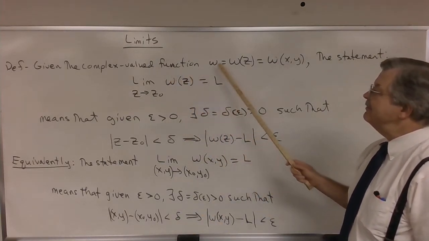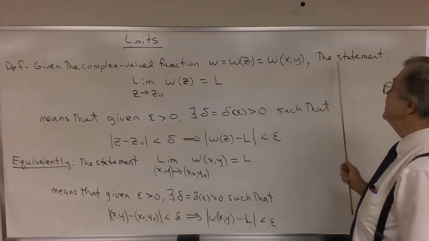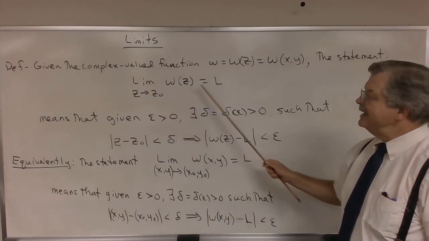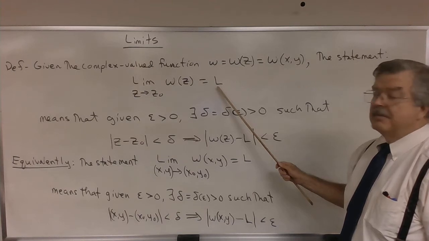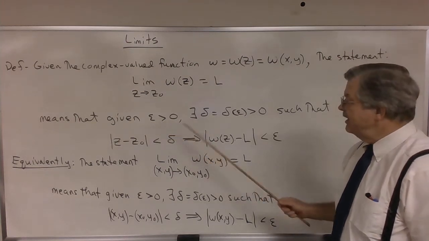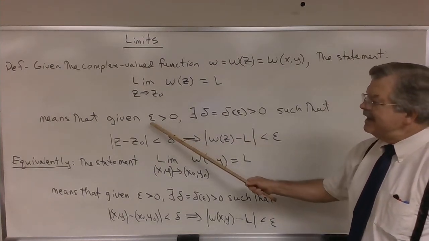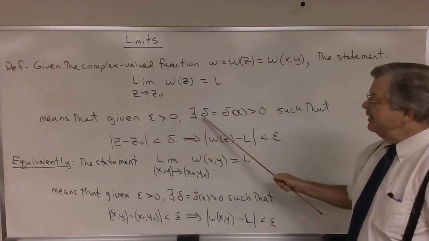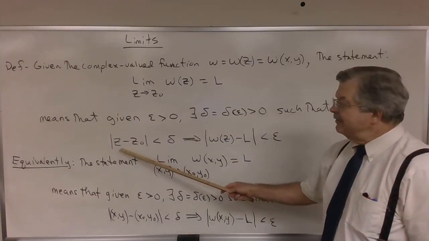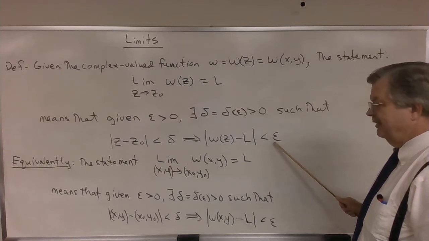So given the complex valued function W equals W of Z, or W function of X and Y, the statement, the limit as Z approaches Z naught of W of Z equals L, where L can be a complex number, means that given epsilon, any epsilon greater than 0, there exists a real number delta, where delta is a function of epsilon, greater than 0, such that if the absolute value of Z minus Z naught is less than delta, then the absolute value of W of Z minus L is less than epsilon.